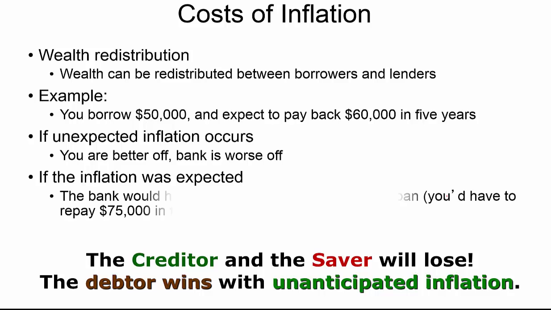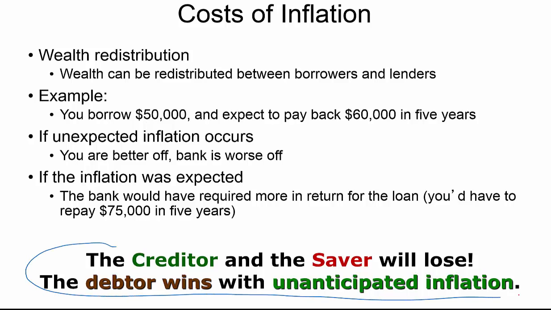However, if the inflation was expected, it would have been built into the nominal interest rate, and so no big deal. Okay? So here's some keys. Down at the bottom, if you just want to memorize it, creditors and savers will always lose when there is inflation. Debtors will always win.